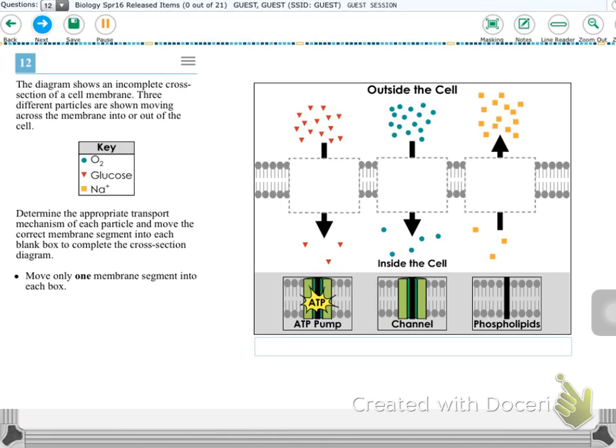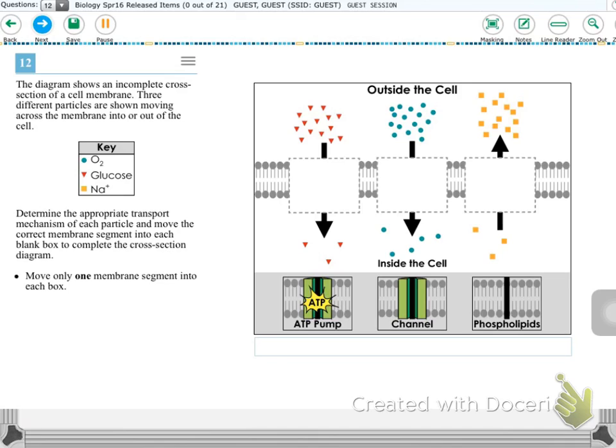These channels are set up as specific little doorways for very specific molecules, very specific particles. So there are sodium channels and potassium channels, oxygen channels. And they still work with no added energy. So it still has to go from high concentration to low concentration.